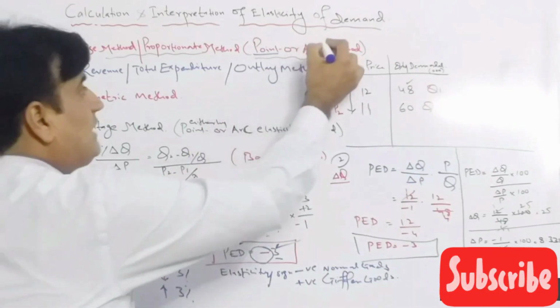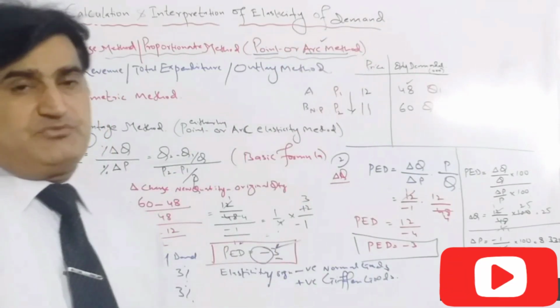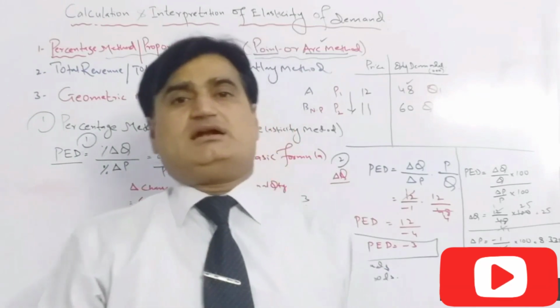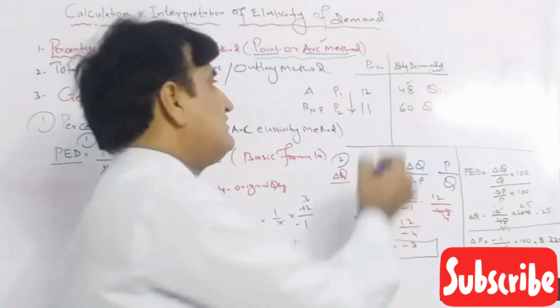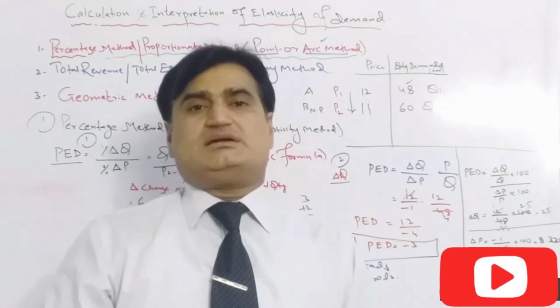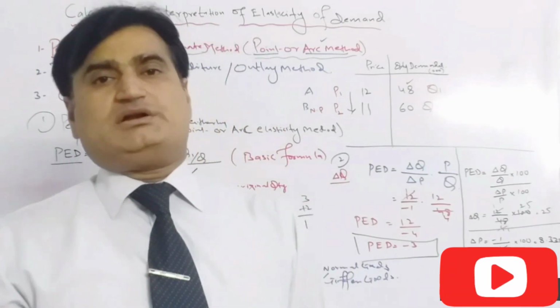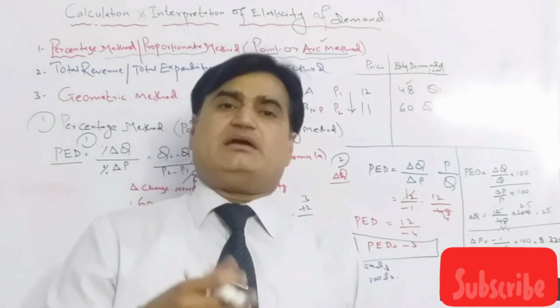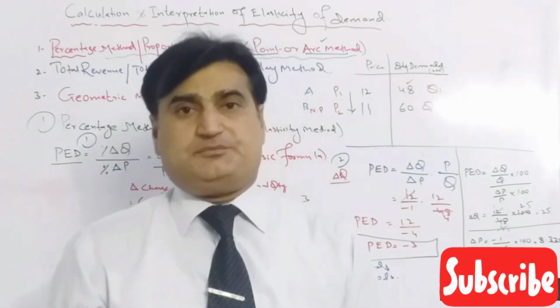So the arc method is mostly preferred. When you are not asked to use any method, you should calculate the elasticity by using the arc method, because the arc method is used to measure a big change, percentage change in quantity demanded in relation to the average change in quantity and average change in price.